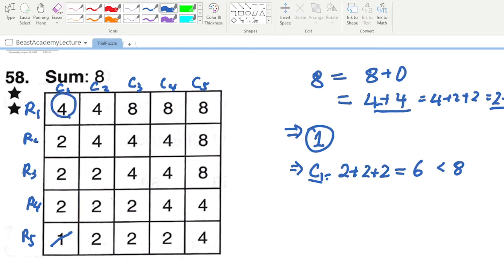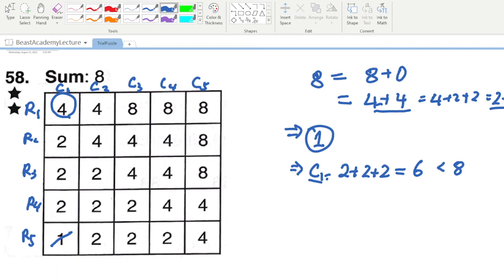If you look at the structure of R5, for the R5, we must what? Use 4 or not use 4? Think about it.